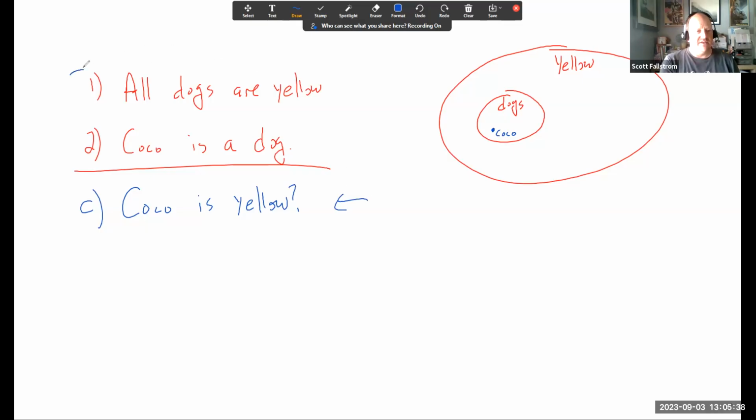So what that means is if these statements are true, and I want you to think of those like conditions, can I guarantee the conclusion also has to be true? If Coco is a dog, then Coco is in this larger circle here, which is things that are yellow. So I would have to say true. If the first two are true, then the conclusion must follow.